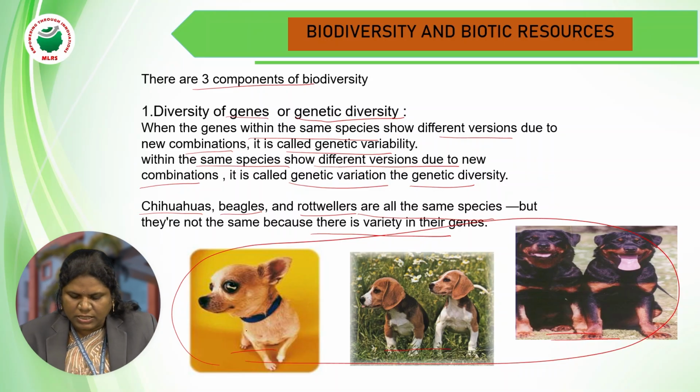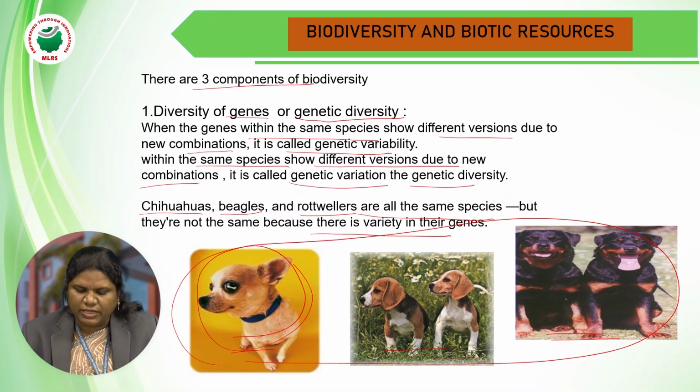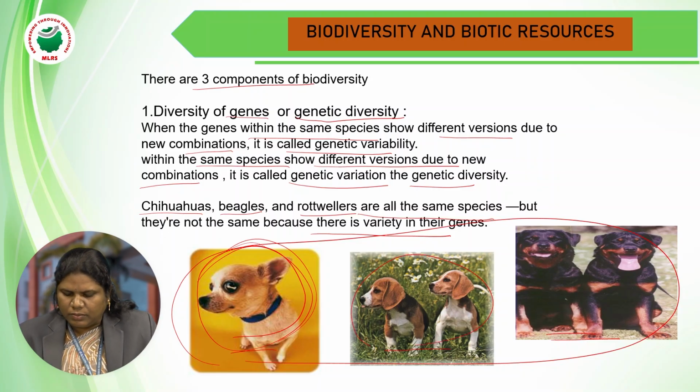Here, due to the genetic variation, the color is different. Chihuahuas are somewhat yellow and white. In the second variety, beagles, patches of white color are more and it is brown.